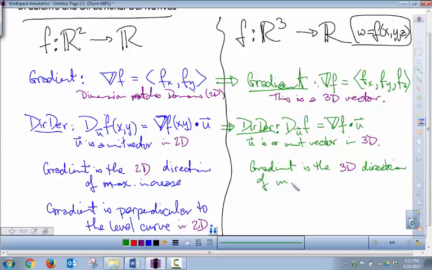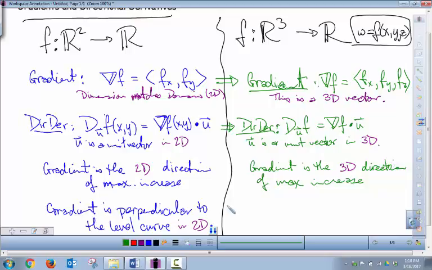It might seem hard to visualize, but we'll see if we can come up with an example of how this might work. So the gradient is a 3-dimensional direction of maximum increase.